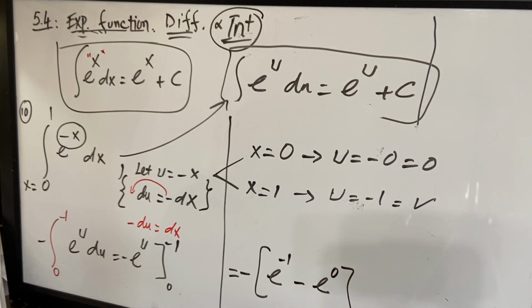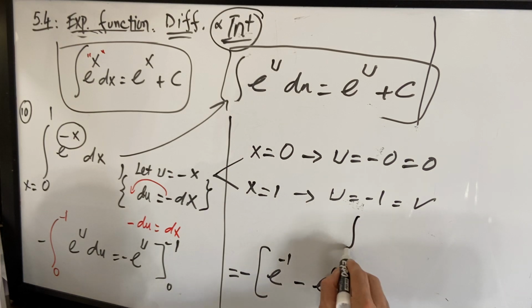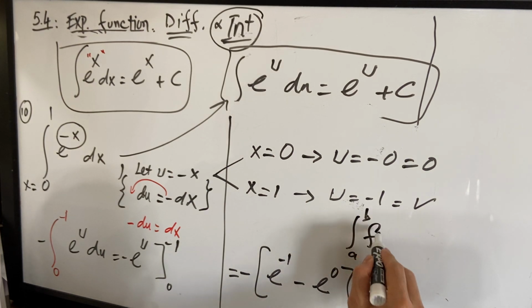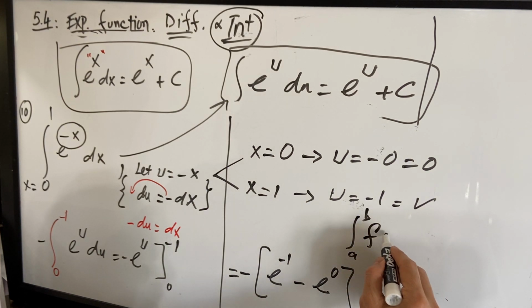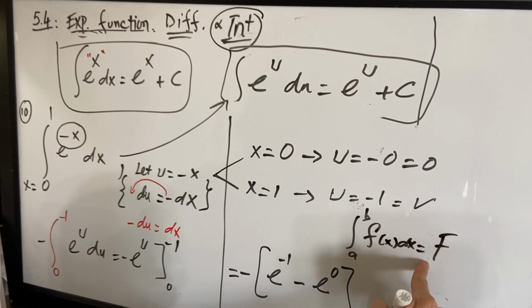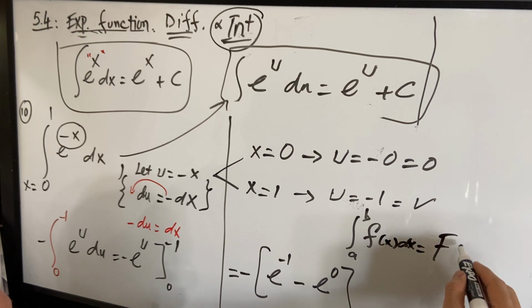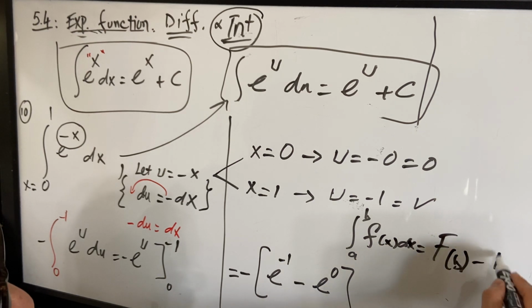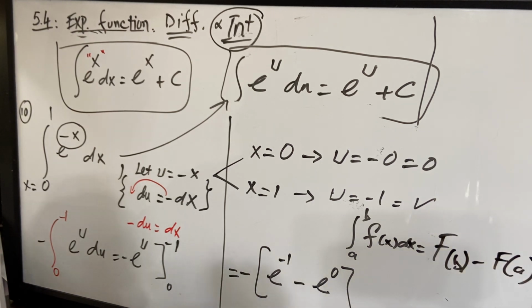There we go. Just remember, guys, hope you remember, a definite integral from a to b of f of x dx is the antiderivative at b minus the antiderivative at a. Just so you know.